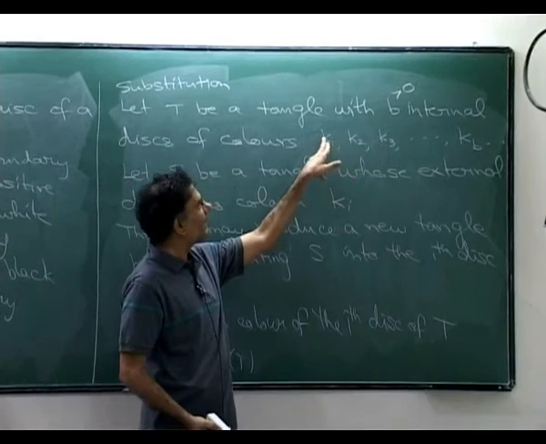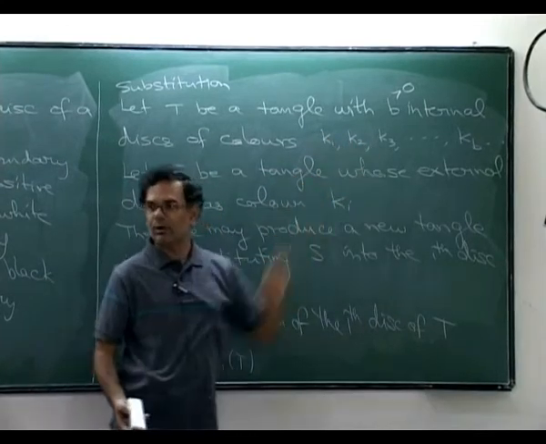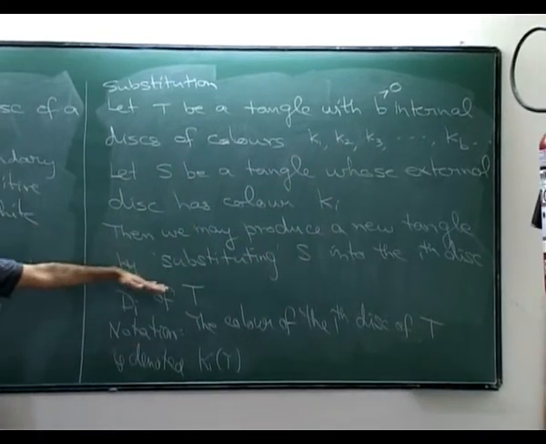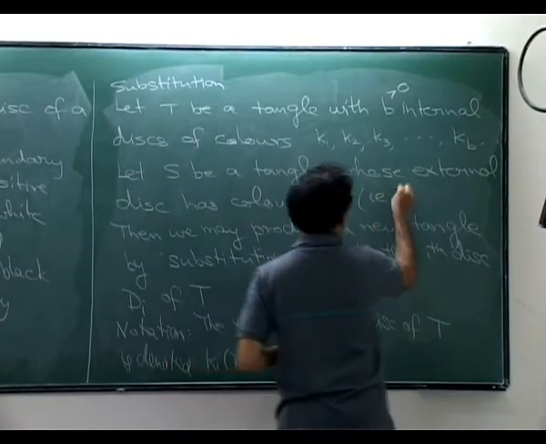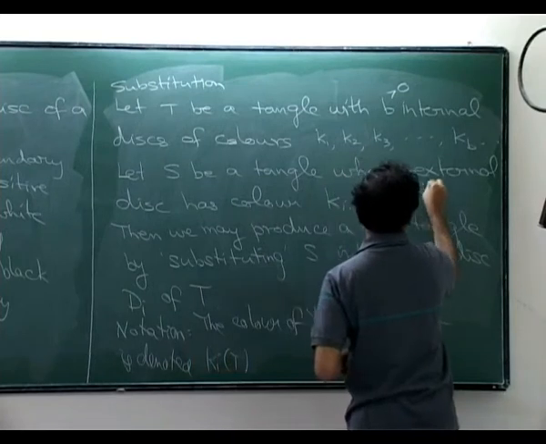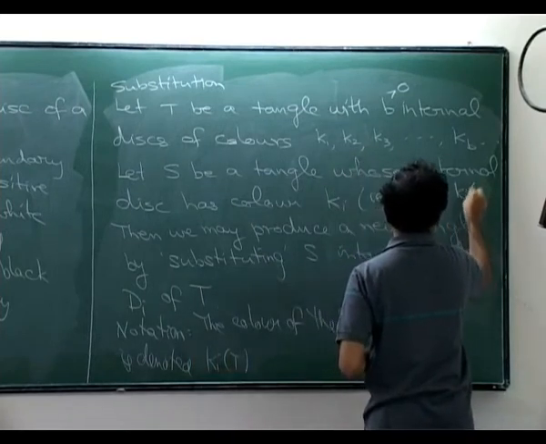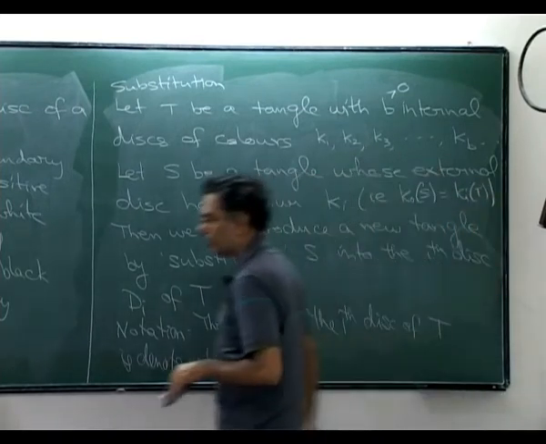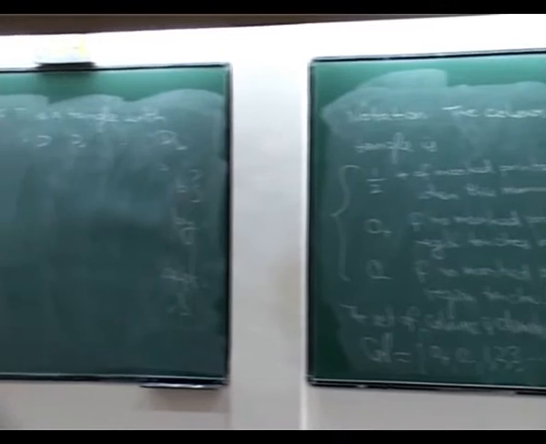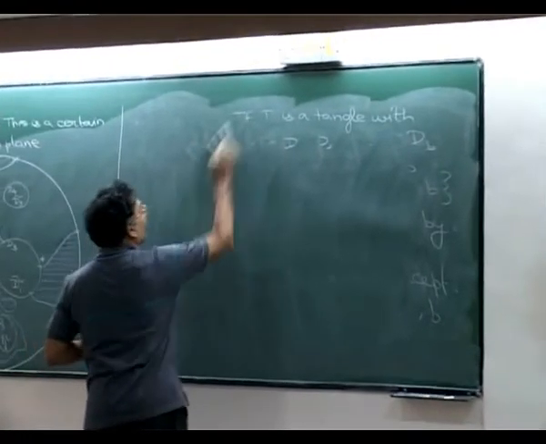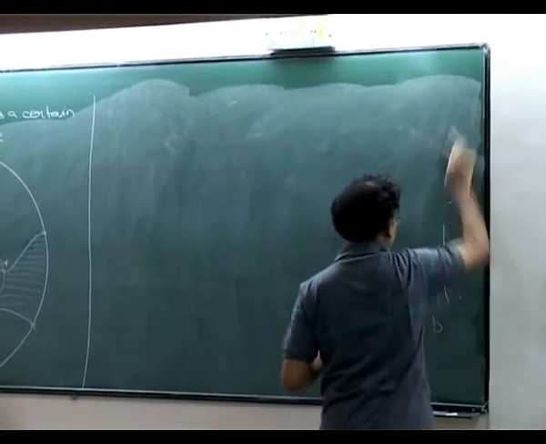This K1 is actually K1 of T, K2 of T, and so on. So what I am saying here is that the color of the external disk of S is the color of the ith disk of T. When that happens, we can produce a new tangle. But how are we going to produce this tangle? I want to do that in one example.